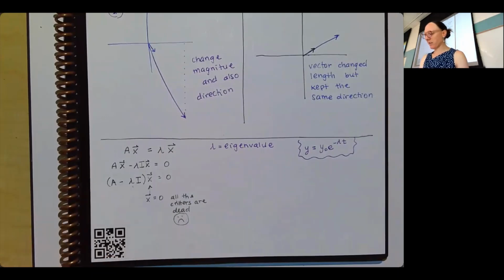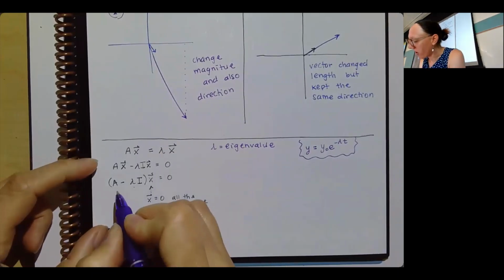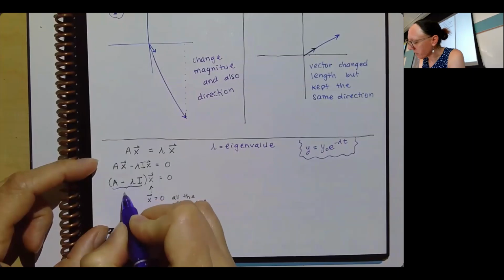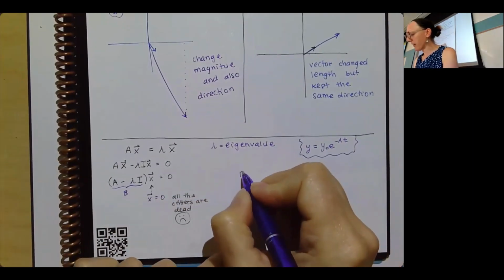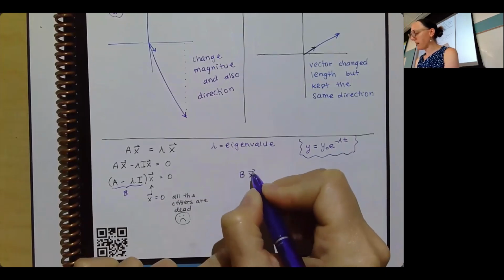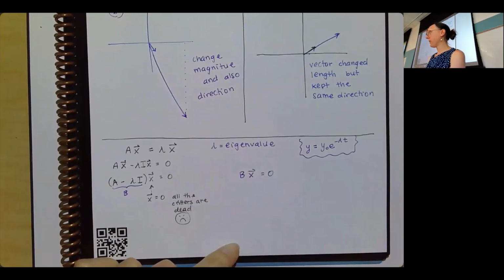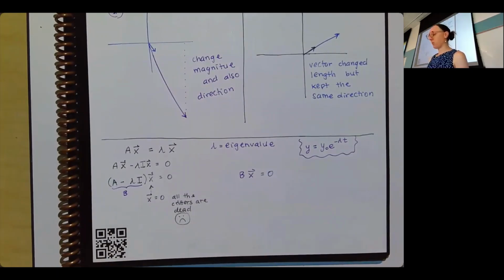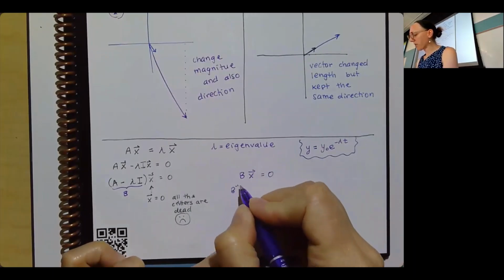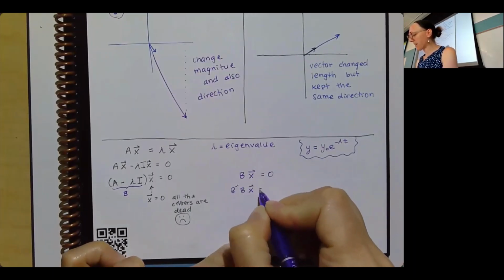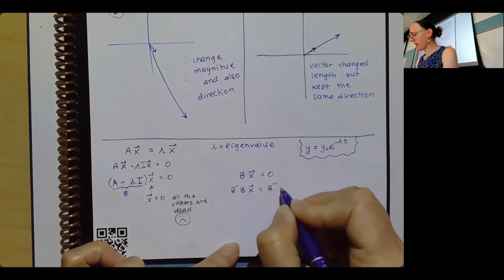So I'm going to pause for a second, and I'm going to call all of this thing over here some new matrix B. So if I think about an equation that looks like matrix B times X is equal to 0, for sure this works if X is equal to 0, but that's our boring, all the critters are dead solution. If that's not the solution I want, then I'm looking for something where I can do B inverse times B times X is equal to B inverse times 0.